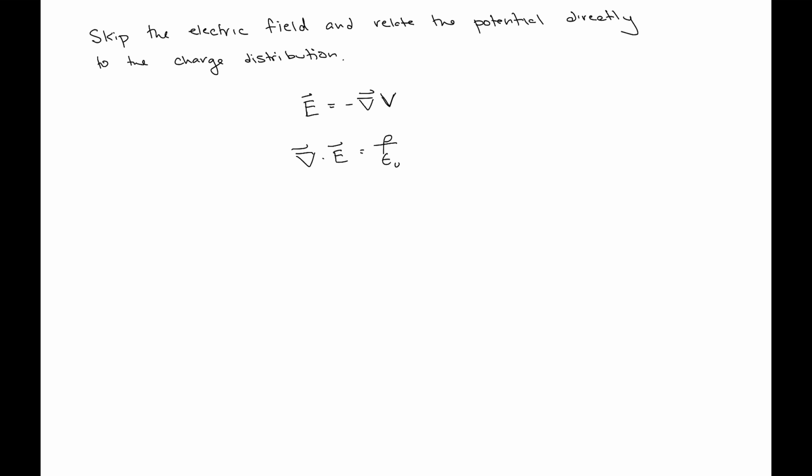So we're basically going to combine these two equations, and I'm going to take the divergence of the negative gradient of our potential. All I'm doing is substituting this in for E. So that has to be equal to our charge density over epsilon naught.